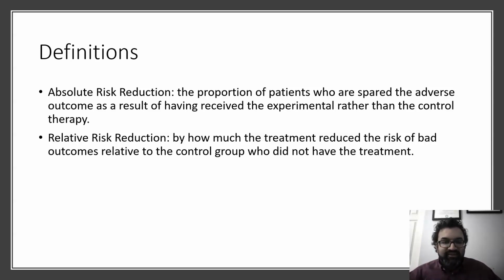So that's, of course, risk reduction. So in terms of the relative risk reduction, that was absolute. That is how much the treatment reduced the risk of bad outcomes relative to the control group who did not have the treatment. So one is absolute and one is relative.